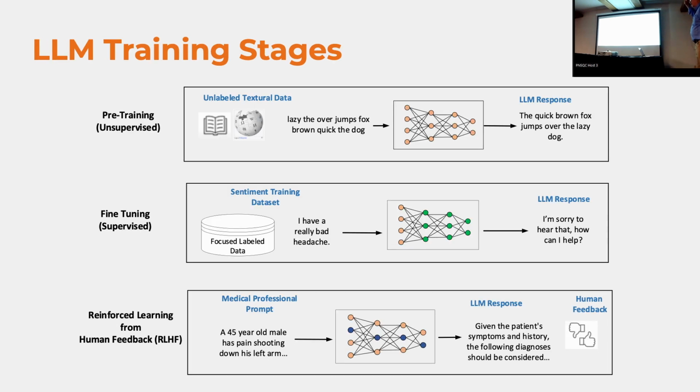Okay, so now we're talking about the training component. The way you train these LLMs is first, like we talked about, you have to train them on massive amounts of data to understand language. This is what they call unsupervised training. Unsupervised training means that it doesn't know the answer.